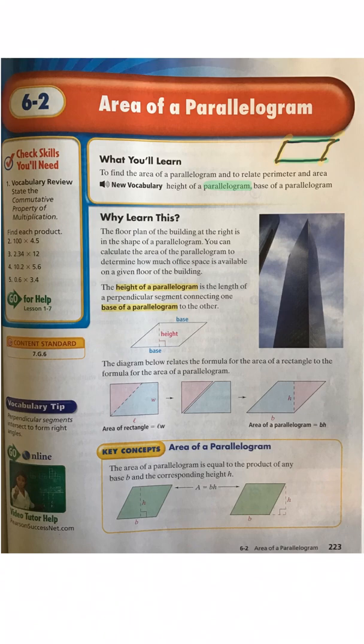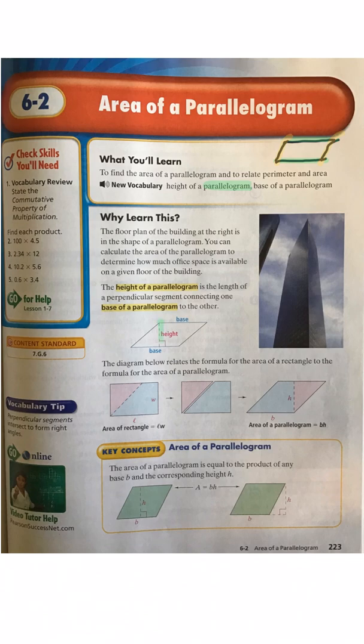Okay, so the floor plan of the building at the right is in the shape of a parallelogram. You can calculate the area of the parallelogram to determine how much office space is available on a given floor of the building. The height of a parallelogram is the length of a perpendicular segment connecting one base of a parallelogram to the other.